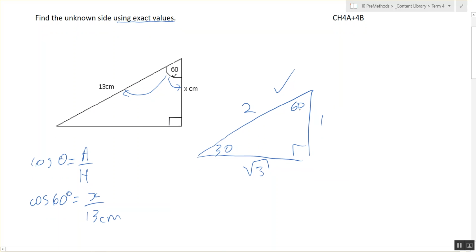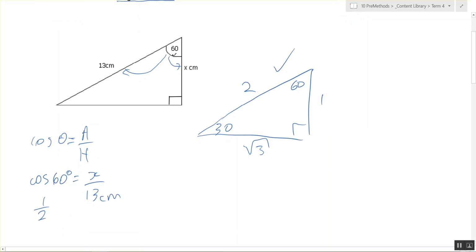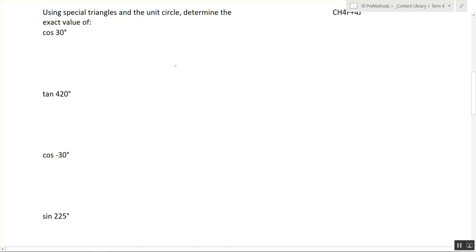Using our special triangle, 1 over 2 is also cos 60. Does that make sense? So if cos 60 is 1 over 2, we rearrange for x. So x is 6.5 centimeters. We draw the special triangle over the hypotenuse. Yep. So you should just have that. 2 ticks.